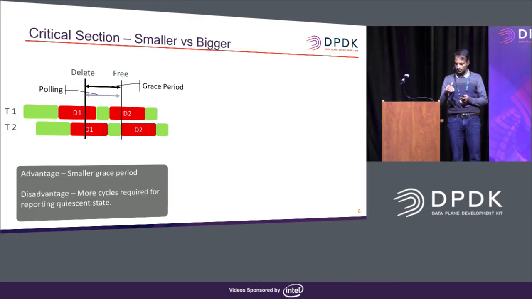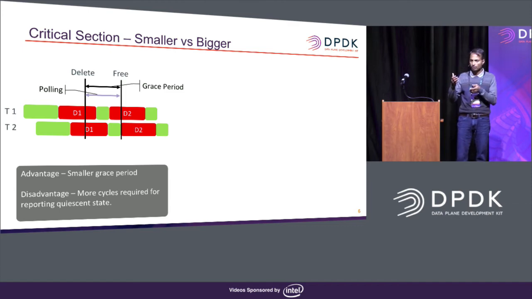So the advantage is you get smaller grace periods, which means that you don't have to have too many additional resources. But the disadvantage is that the readers will spend more cycles reporting their quiescent state. On the data plane, we all worry about the number of CPU cycles that we spend. So that's one disadvantage of having smaller critical sections.